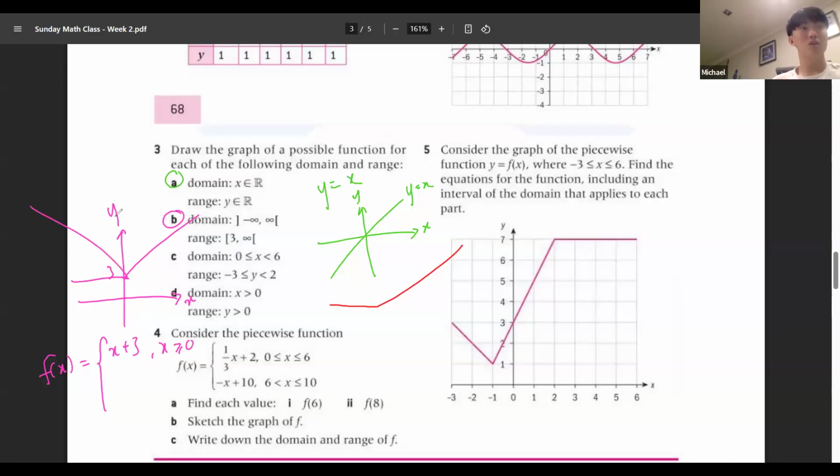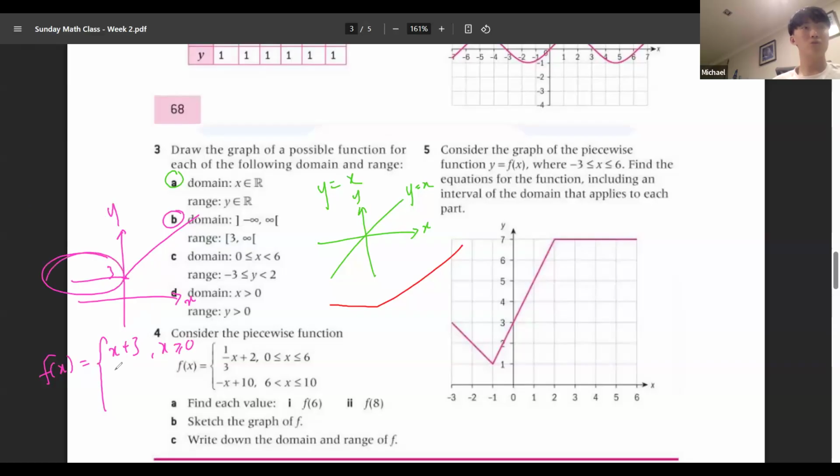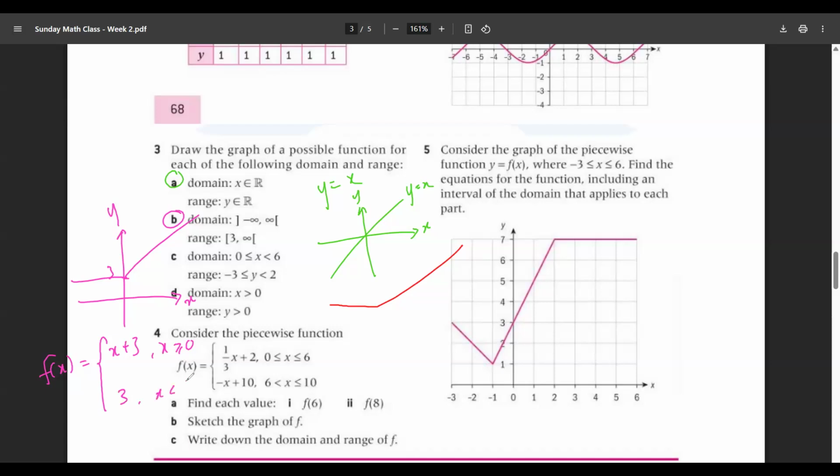You could do another curve. Wait, but is it still B? Yeah, still B. Technically, you could do this, but if you want, you could just say y equals 3 when x is smaller than 0. But we don't say y equals 3, we just say the function equals 3, because the function is represented by the y-axis. Okay.